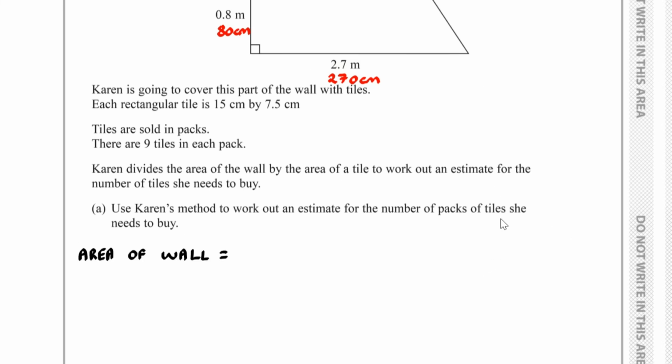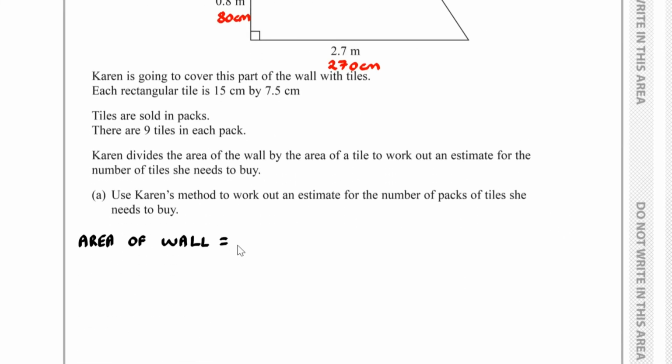For the area of the wall, well, we've got a trapezium, so the area here is going to equal 1/2 multiplied by 180 plus 270 multiplied by 80.